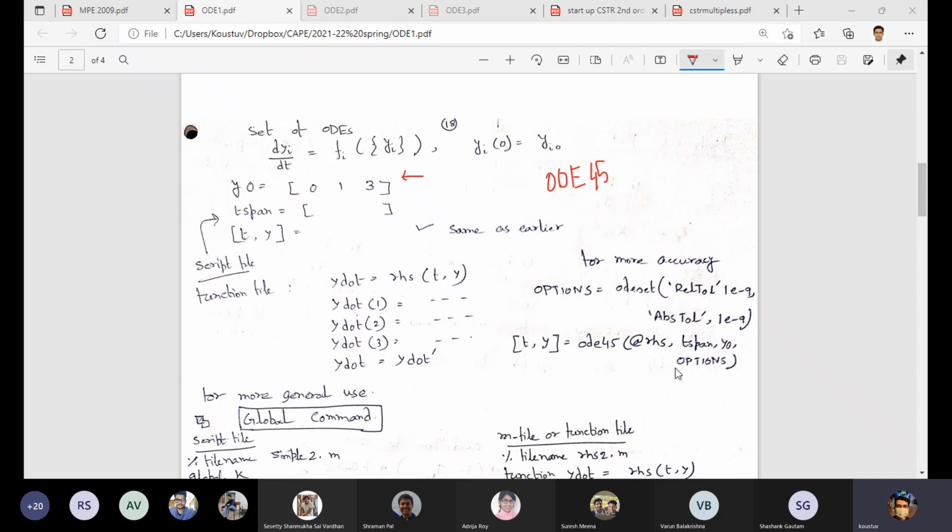Who knows this? ODE45 is based on which algorithm or numerical technique? What are the different integration techniques in numerical methods? Let me put it this way: what are the different integration methods that you have learned in the numerical methods course?